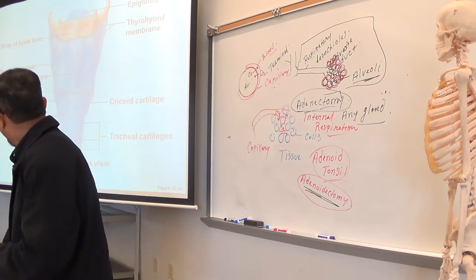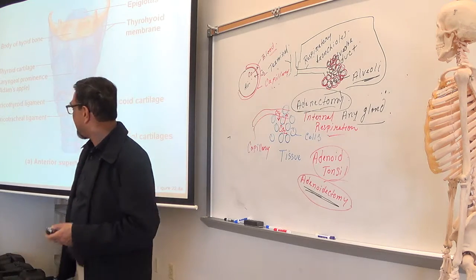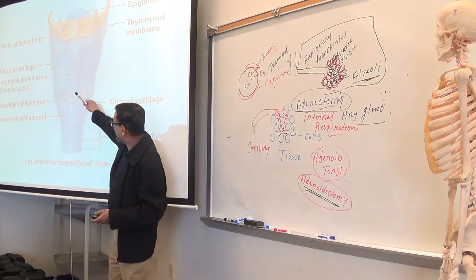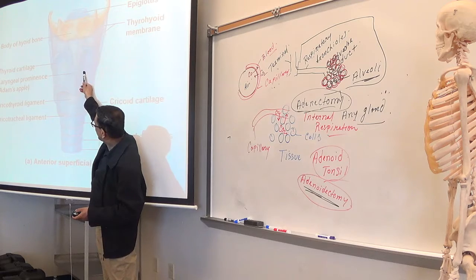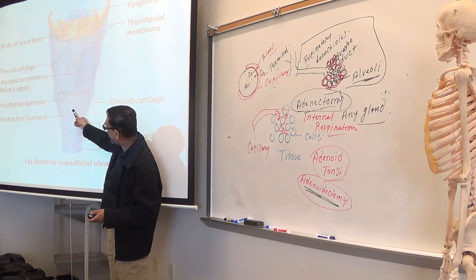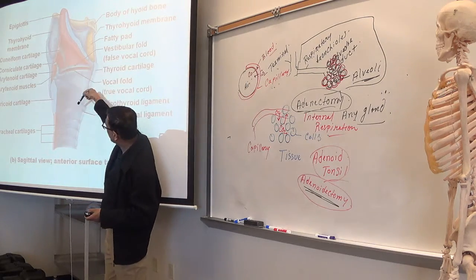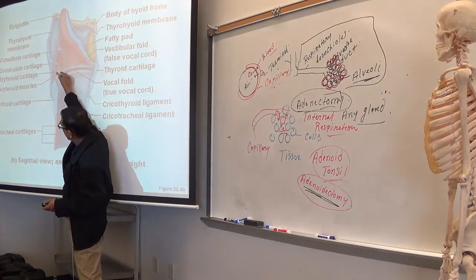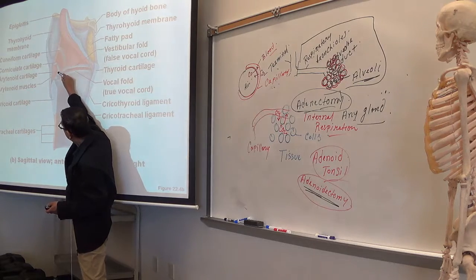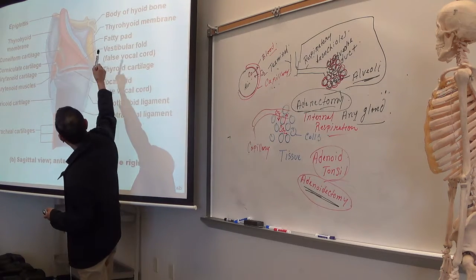Okay. So this is a front picture of a larynx. You see thyroid cartilage, cricoid, and the small ones in the back. Here you can see these are the small paired ones: corniculate, arytenoid, and cuneiform.